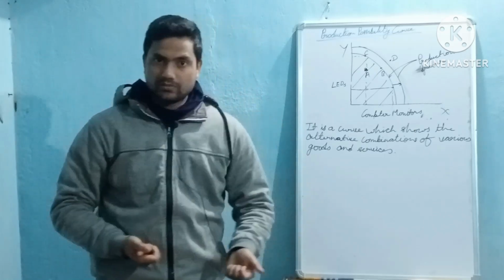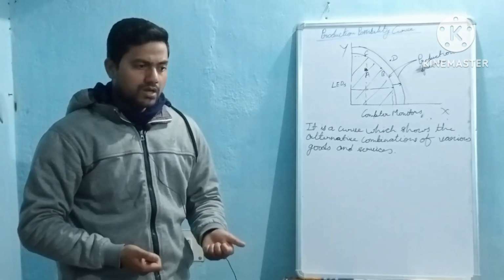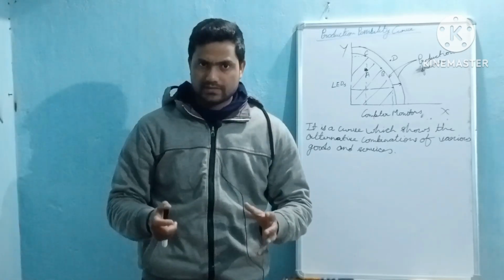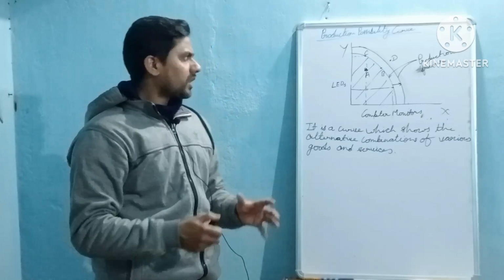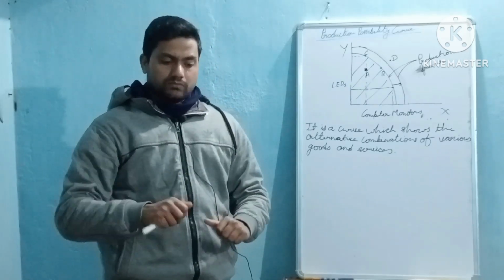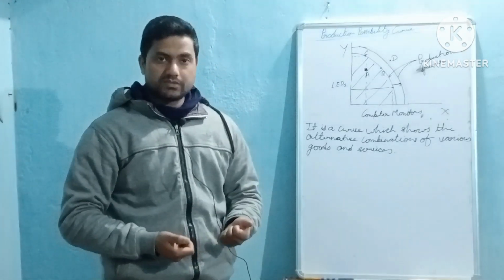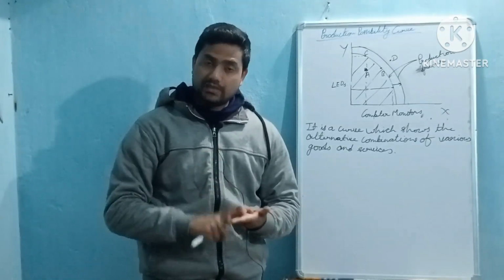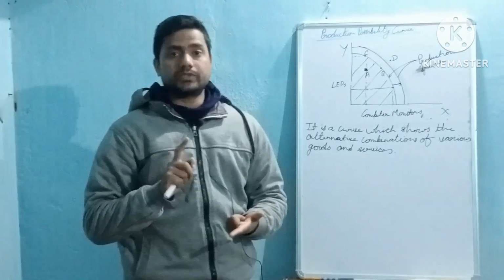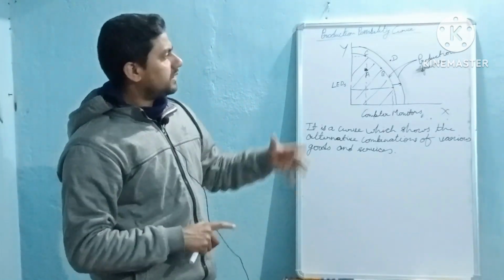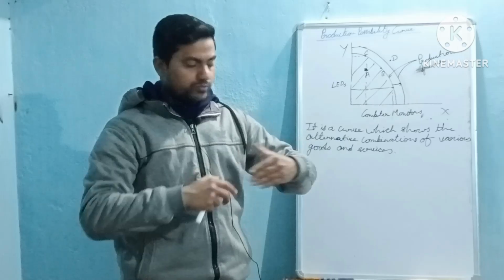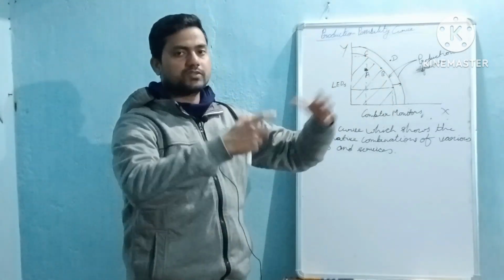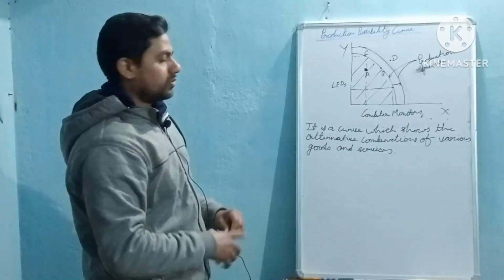In the same way, if such situations arise, we can produce more goods and services using the same given amount of resources. In that case, the production possibility frontier, or production possibility curve, expands outward.